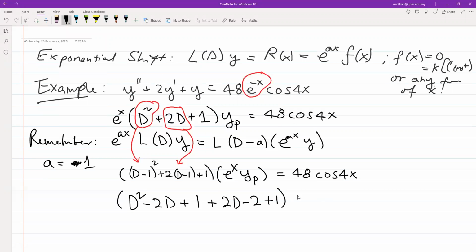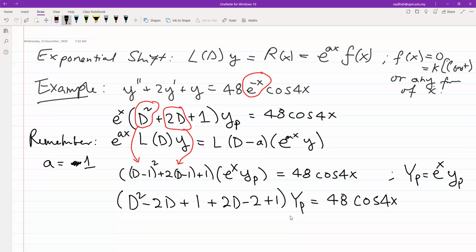Let me write it as big YP. So big YP is exponential of x times the small yp, which equals 48 cosine 4x.